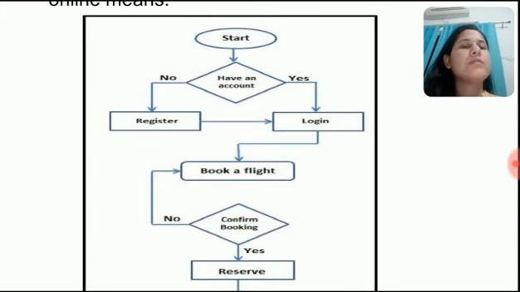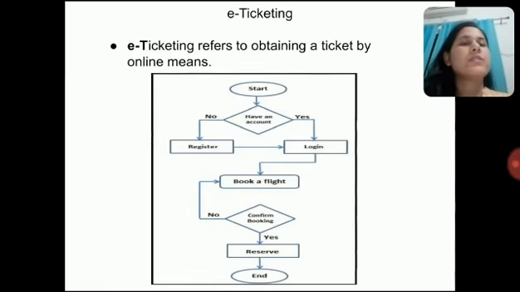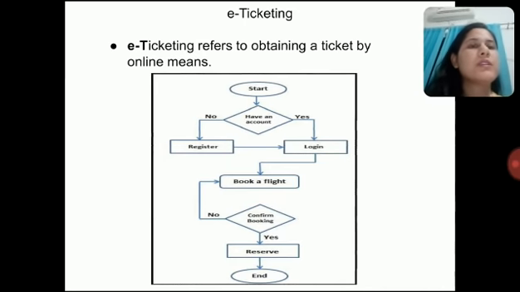Generally it is confirmed, but if not, maybe because the internet connection was low or something, you just go back and book it again. If it is confirmed, then of course your seat is reserved, and you end the transaction, right? And now after reservation the process has ended.